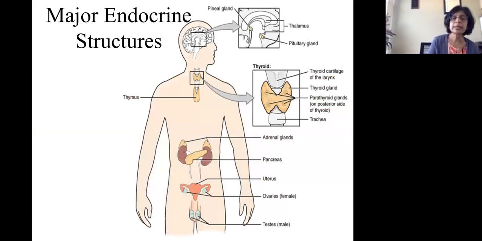All right, with this, let's look at the major endocrine glands. We will be talking about the hypothalamus, the pituitary, thyroid, adrenal glands, pancreas, ovaries, and testes. That's the main coverage. You should consider these the major endocrine glands.